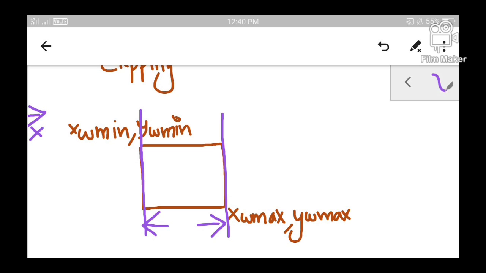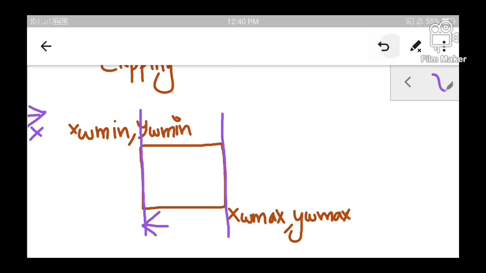This is the left extreme of the window and the right extreme of the window. So any point that lies outside the left boundary or outside the right boundary will have to be eliminated. Clear?